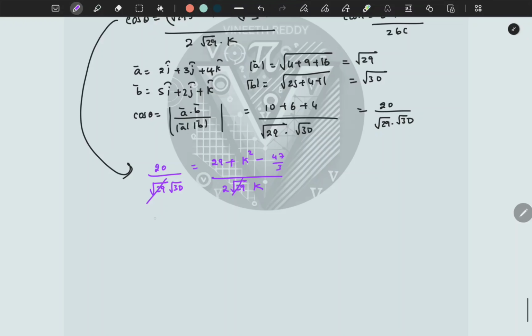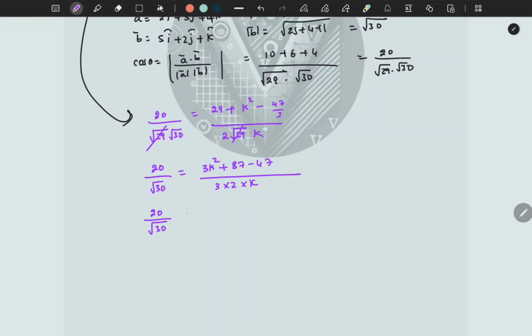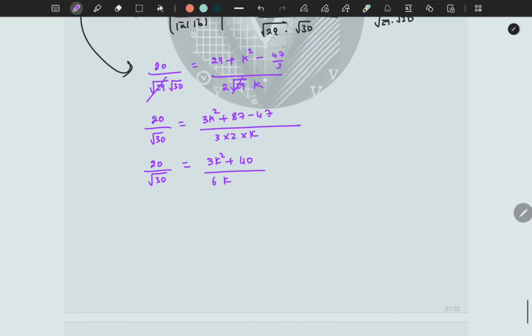So we get 20 divided by root 30 is equal to, taking LCM, 3K square plus 29 into 3, which is 87, minus 47, which gives 40, over 6K. Now we can cross multiply: 120K divided by root 30 is equal to 3K square plus 40.